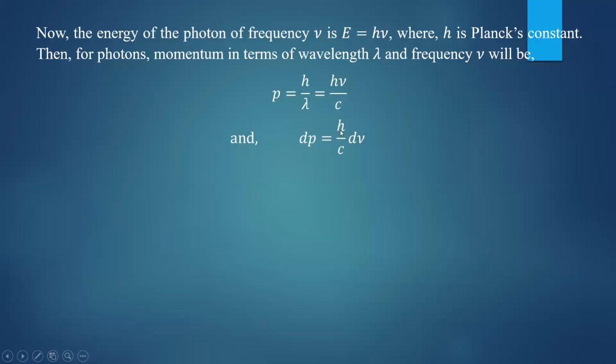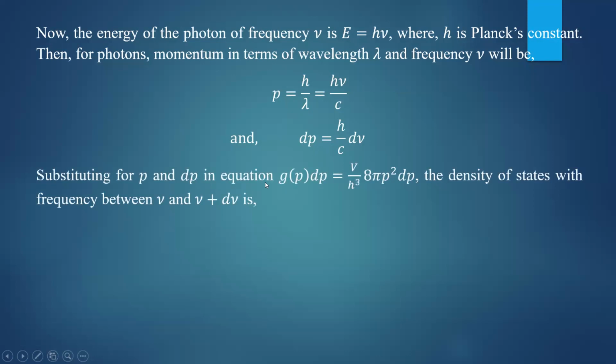So dp is equal to h by c into d nu. Now substitute this p and dp in this equation, g(p) dp equal to V by h cube into 8 pi p square into dp. Here you substitute for p and for dp.